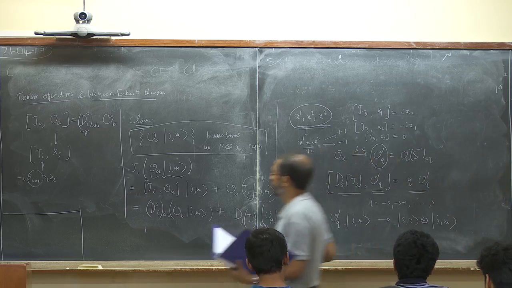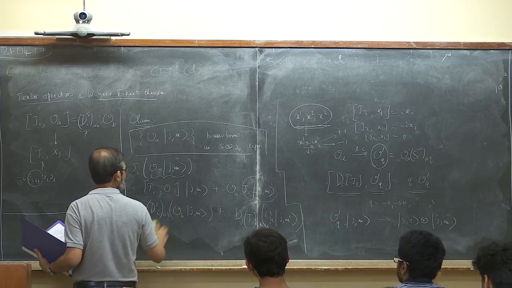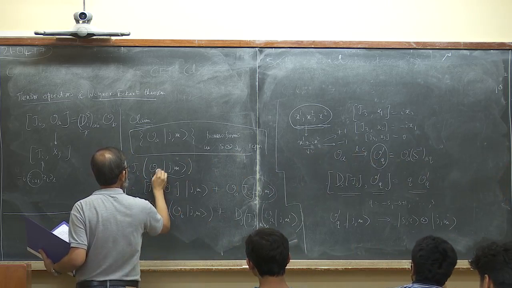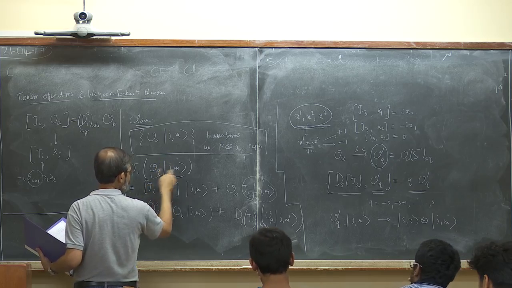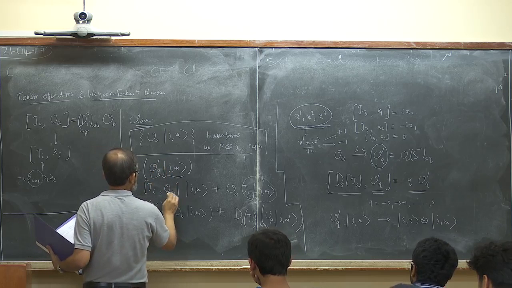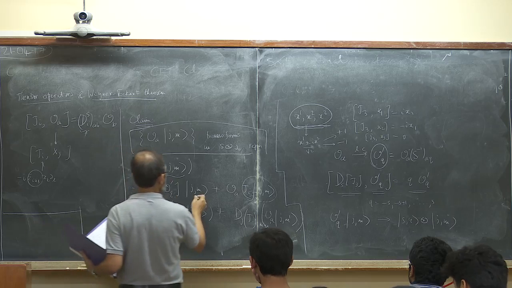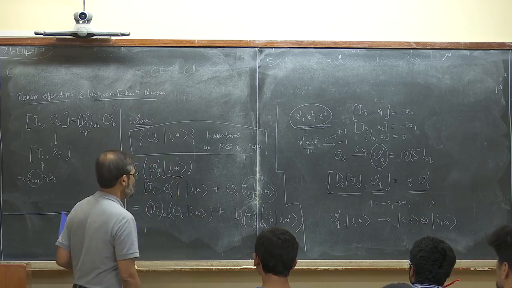Why? So let's do this analysis now on the O prime guys. Now Q is like an M index.